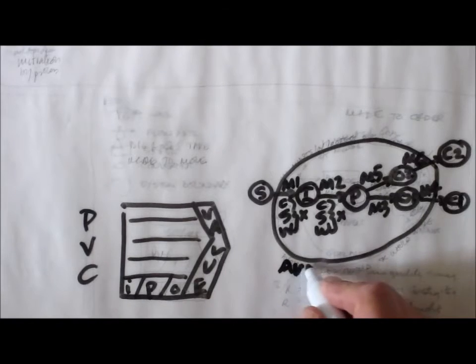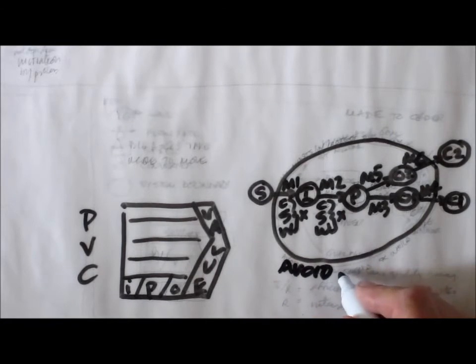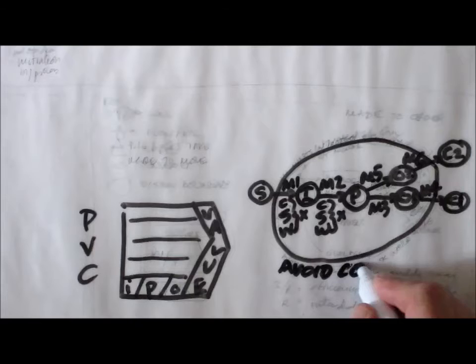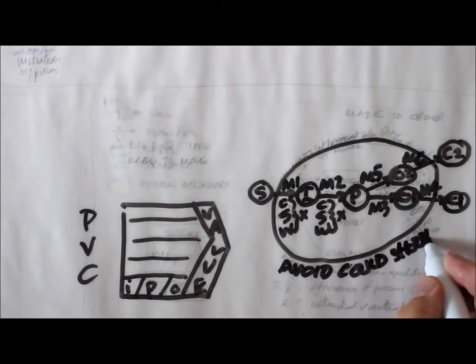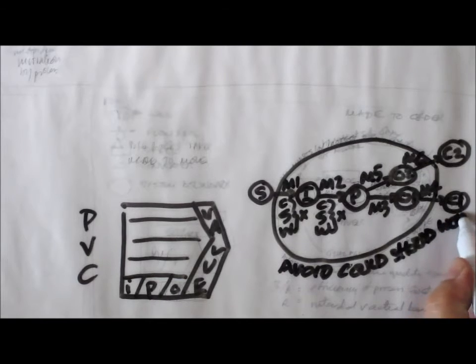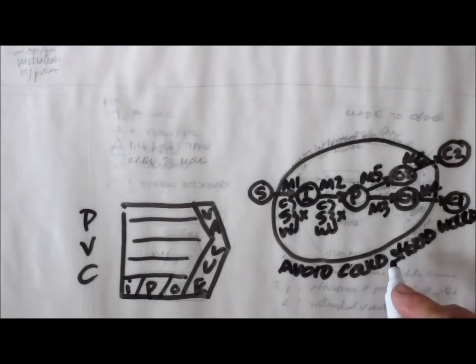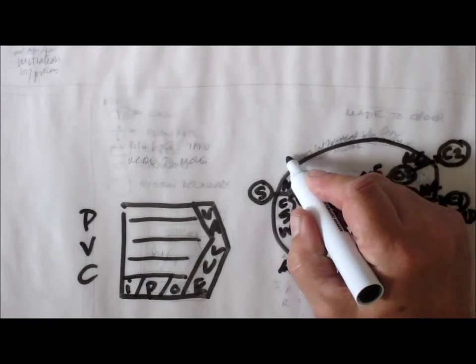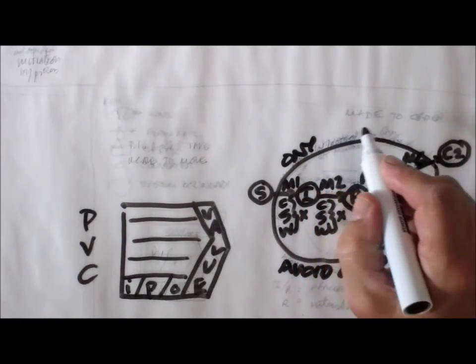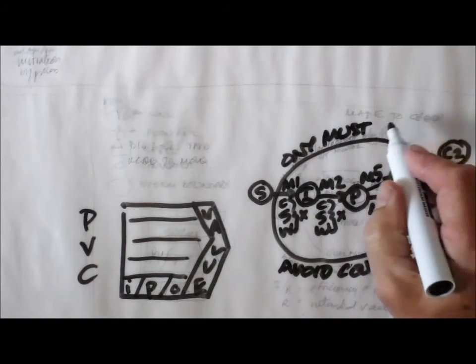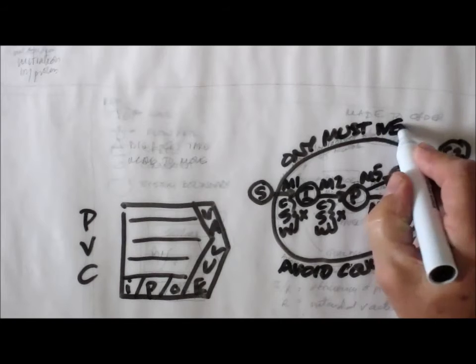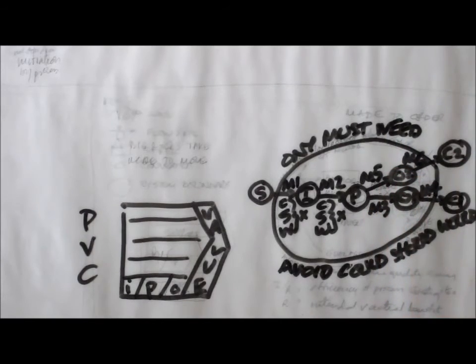So here we're avoiding the could, should, would requirements, and up here we're only must needs for the process to work should be accounted for.